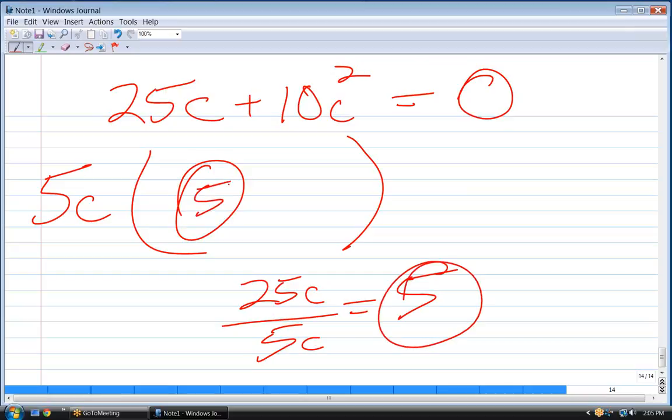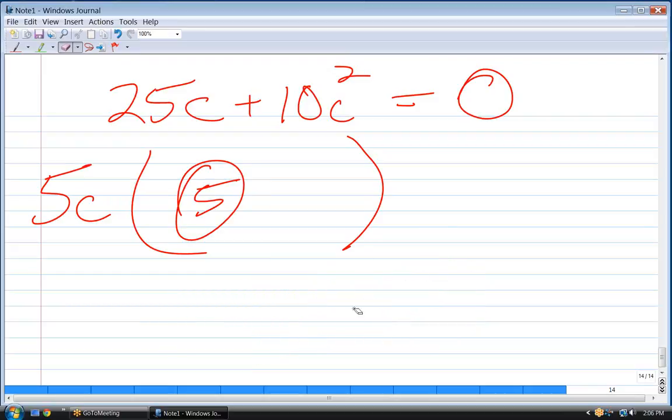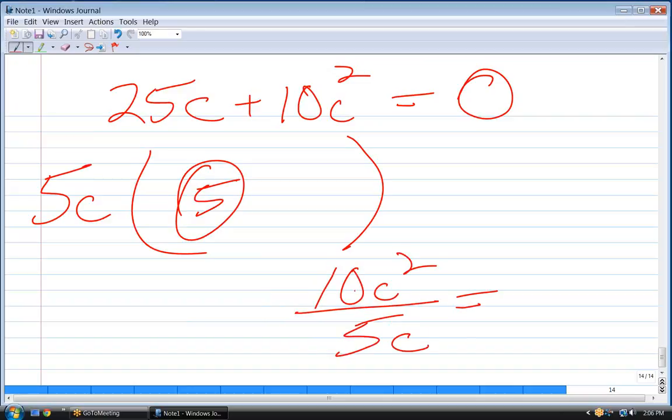So 5 goes there. Now let's do the second part. Let's divide 10c squared by 5c. 10 divided by 5 is 2. c squared divided by c to the 1 is c to the 1. So that's what goes there.